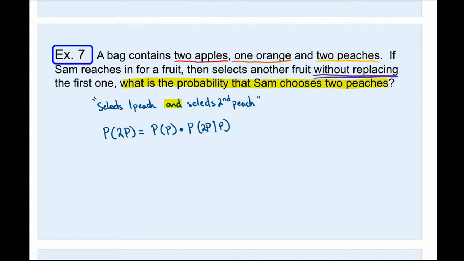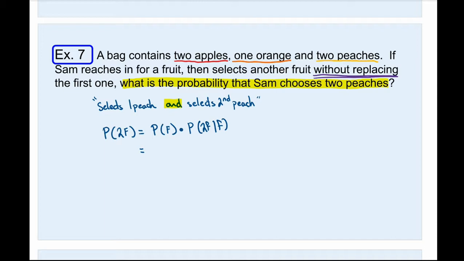So I know it's a little confusing with all the P's. Actually, let's just change those to fruit. We know the fruit that he's talking about picking is a peach. So the probability of choosing 2 peaches is equal to the probability of choosing 1 peach multiplied by the probability of choosing the second peach, given that the first peach was already picked.